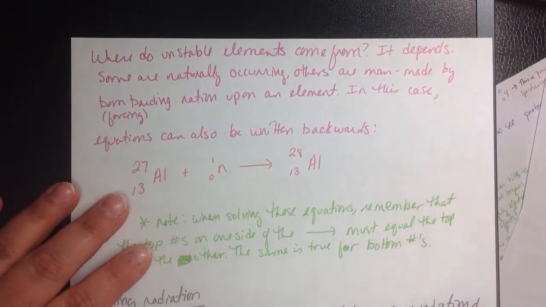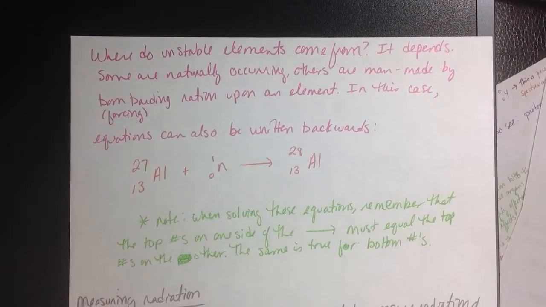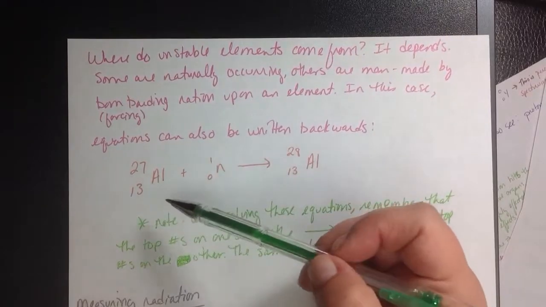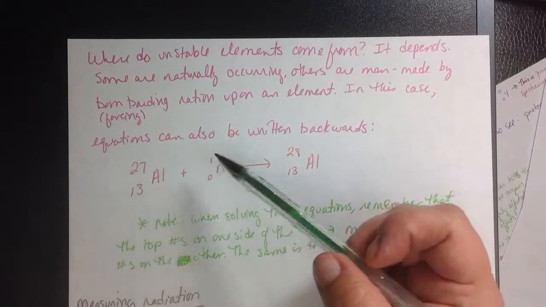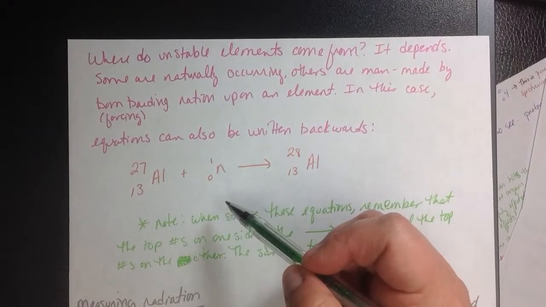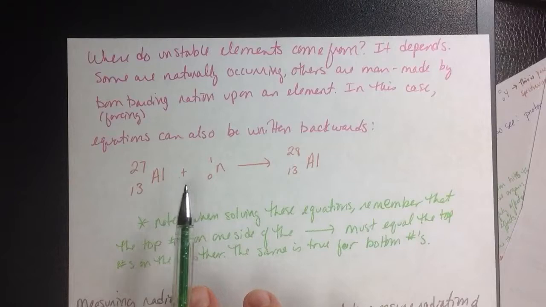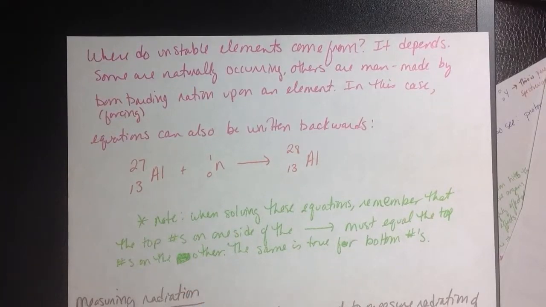It depends where we get these things as to where they necessarily come from. Some of them are naturally occurring. Carbon 14 is certainly naturally occurring. But sometimes we actually make these ourselves so that we can use them in medicine and various other things. So here's an example of aluminum-27 bombardment. Bombardment means that I'm adding something to the reactant so that I can get a different isotope or radioisotope.